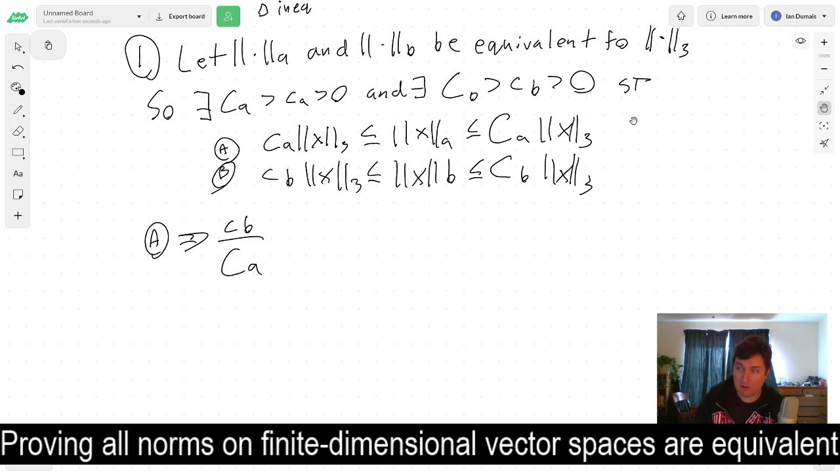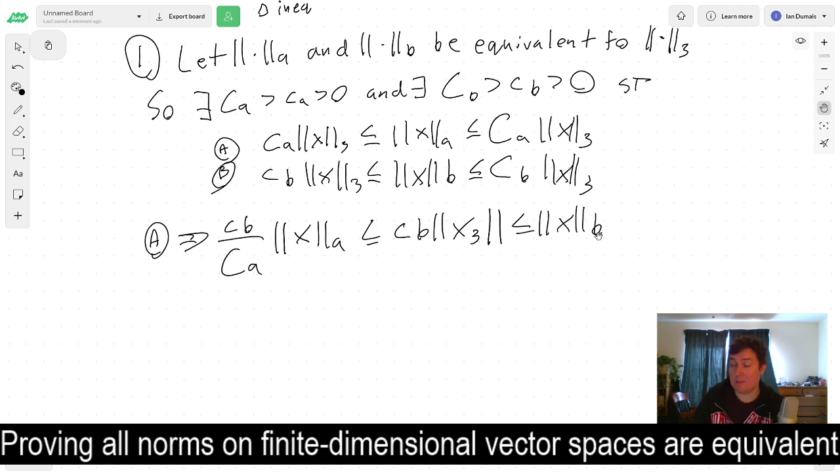It's not going to mess with the inequality. When I multiply by the second term here, the big C_A's are going to cancel. I'm going to get little c_B norm 3 of x. That was what I wanted, because I know that this is less than norm B of x.